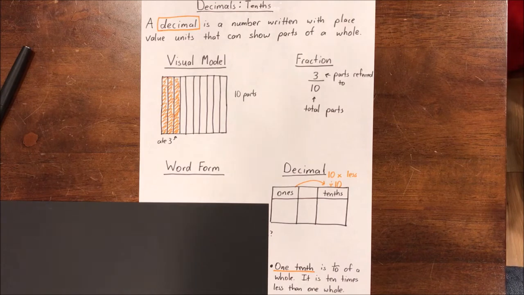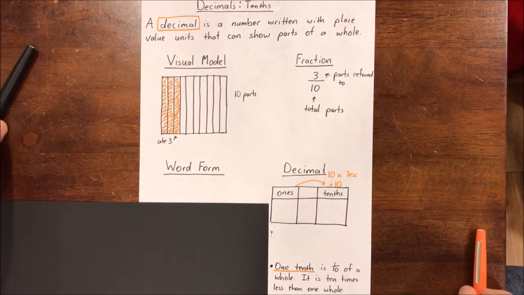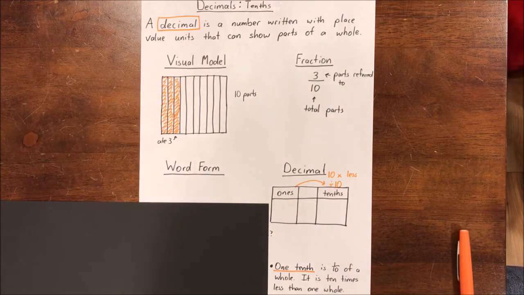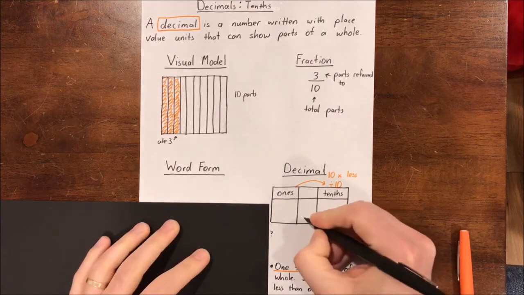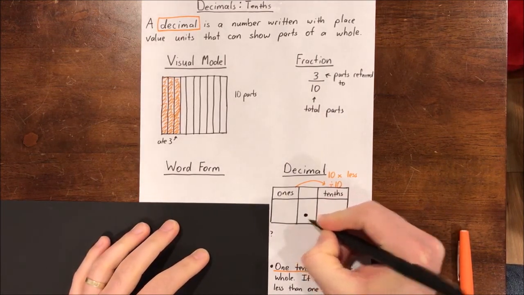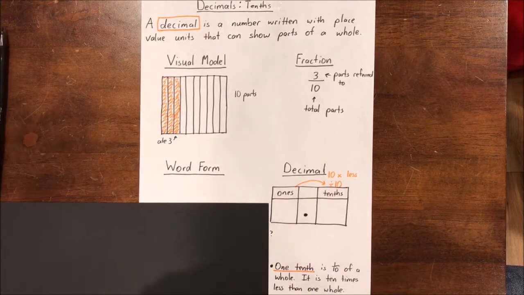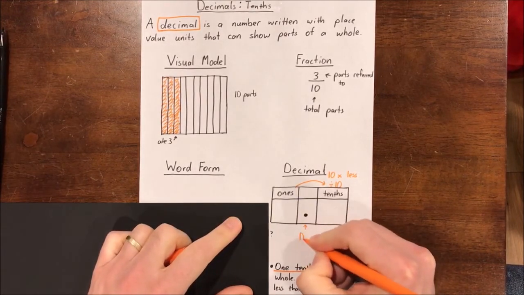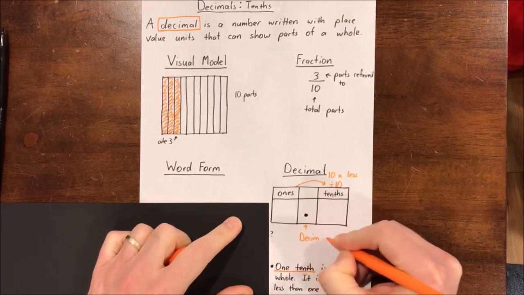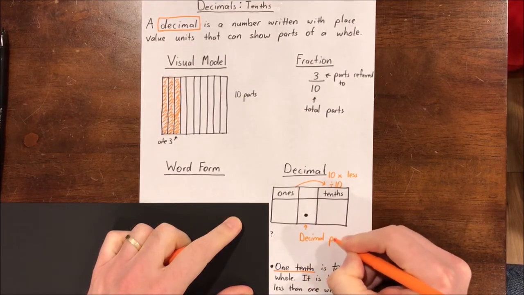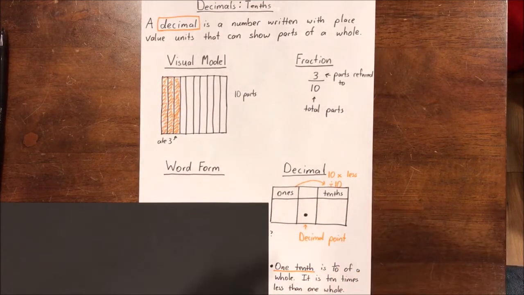Decimal points are what we use to separate the ones place from the tenths place. I'm going to put a decimal point right here. I'm going to label that for us: decimal point. Great.